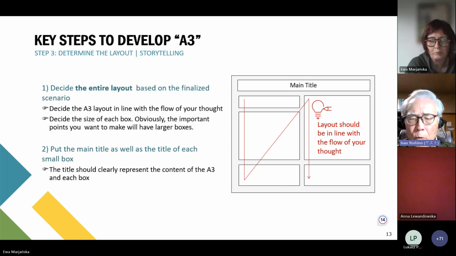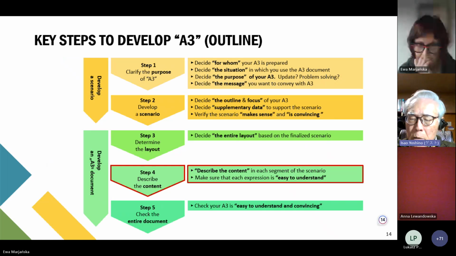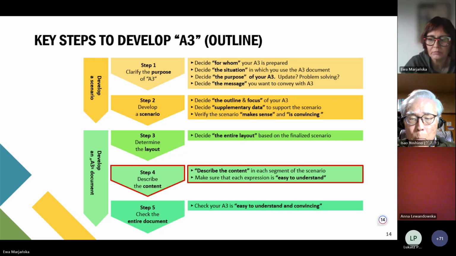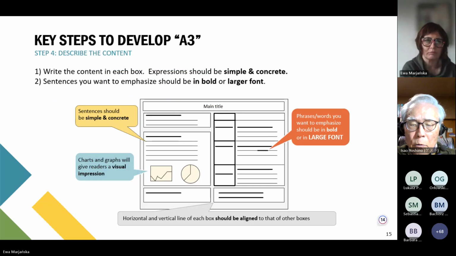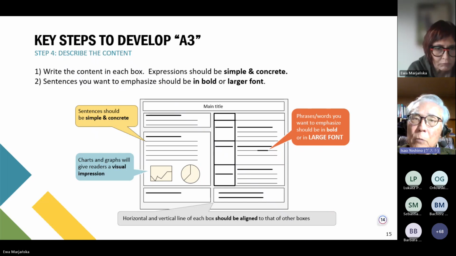Then page 14, which I already talked about, and this is important. The details are on page 15. You have to put down all the key information, data, and sentences, which should be simple and concrete. Sometimes, if you write all the sentences, that's too much.